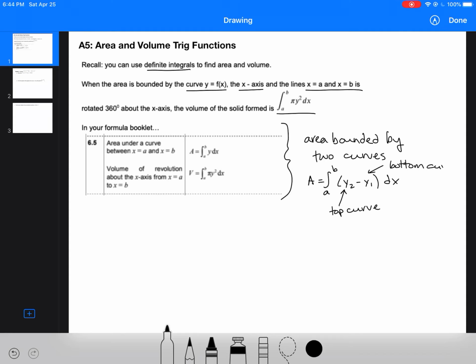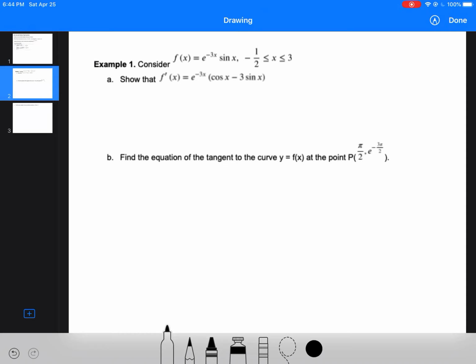The same holds true for doing the volume, but that's a little bit more complicated than we need to do. So let's look at our first example.